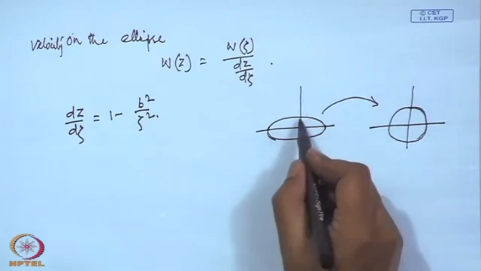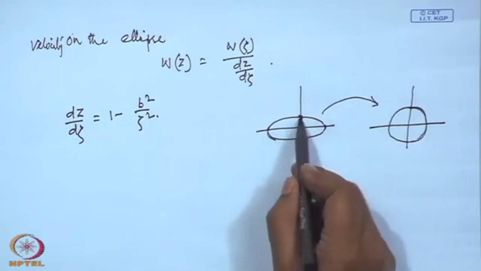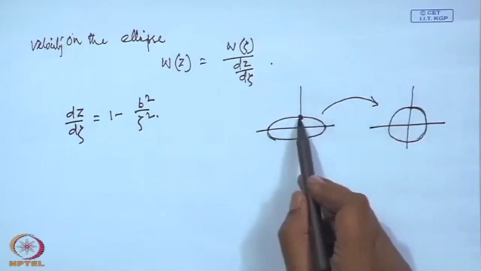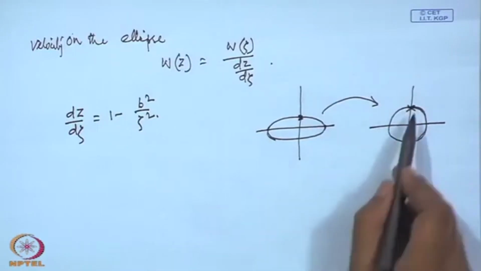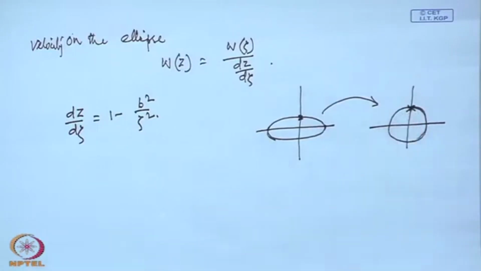So, this is the point where we are interested to find the velocity. To which point has this transformed? Theta equal to pi by 2, this point. What is this point? i r.